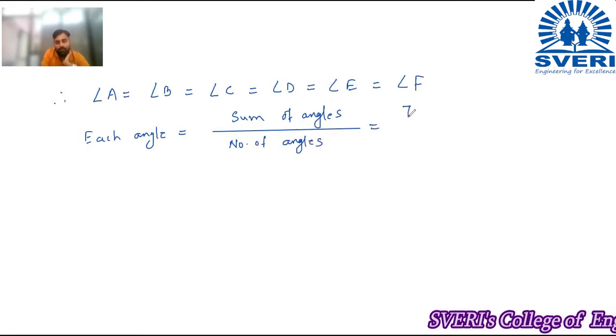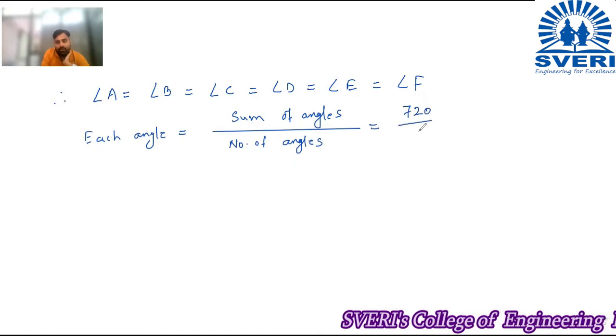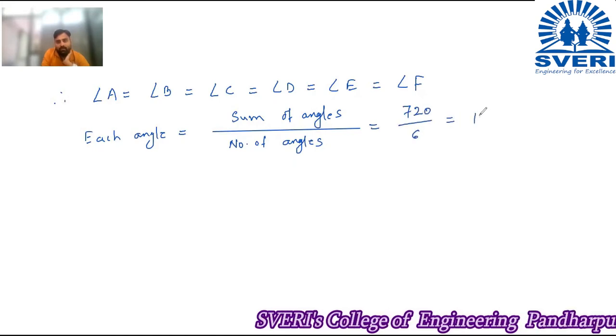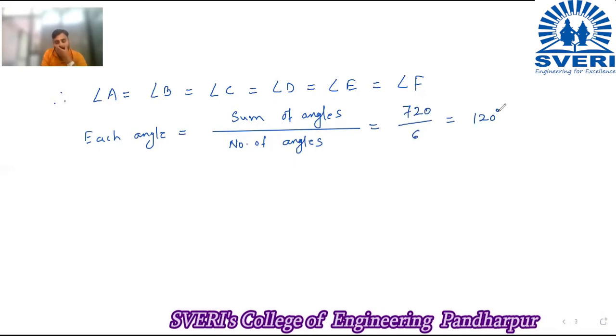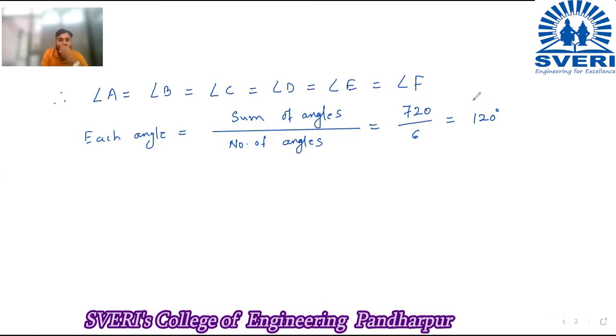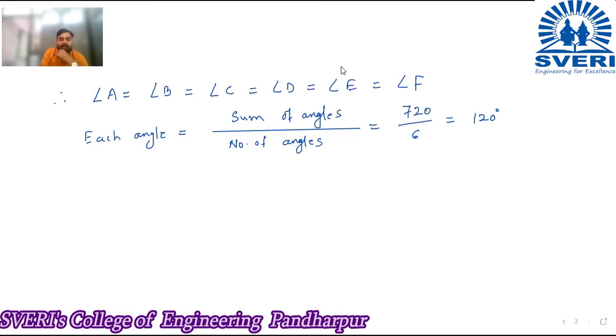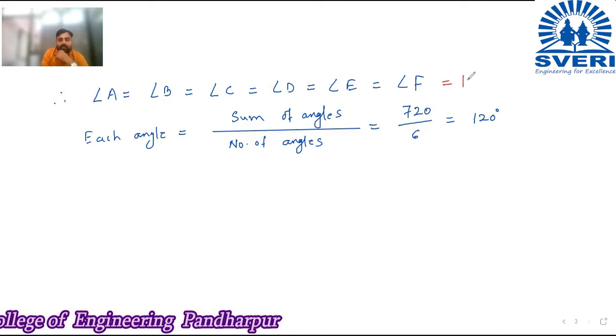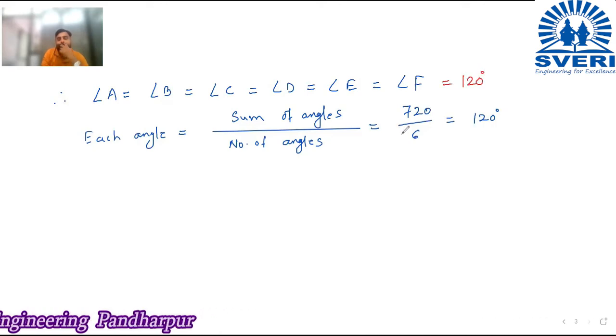So that is 720, the sum of angles, divided by the number of angles, 6, which is equal to 120 degree. So I can say that all these angles are 120 degree. Is it clear up to this point?